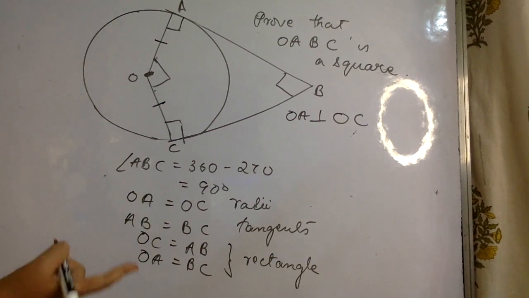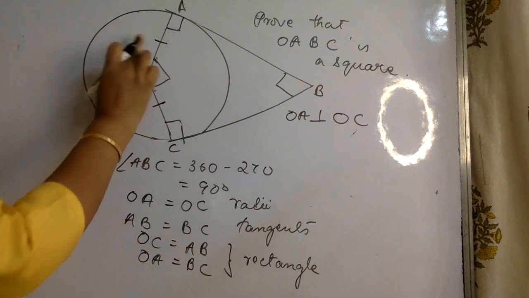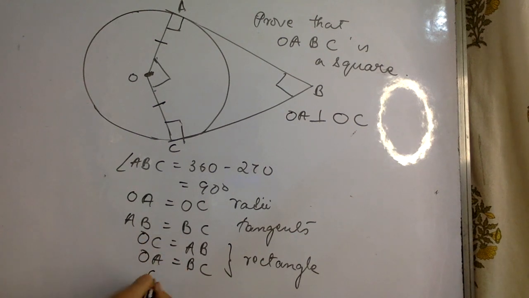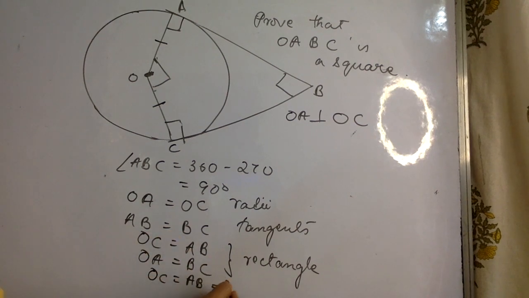Now if we write OC is equal to AB, and AB is equal to BC because of tangent, and BC is equal to OA, okay.